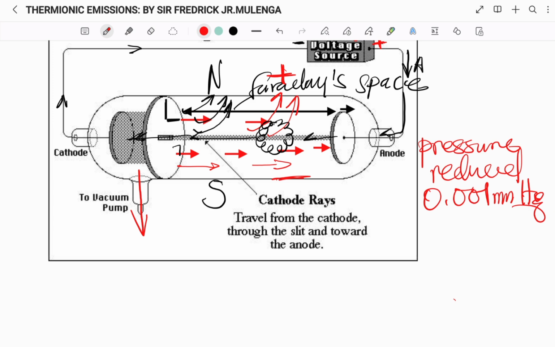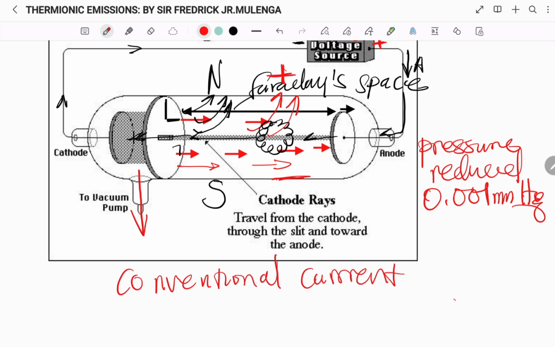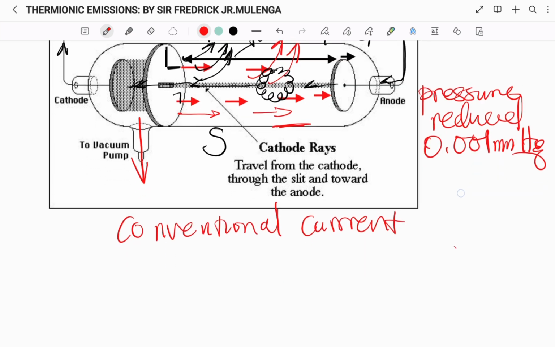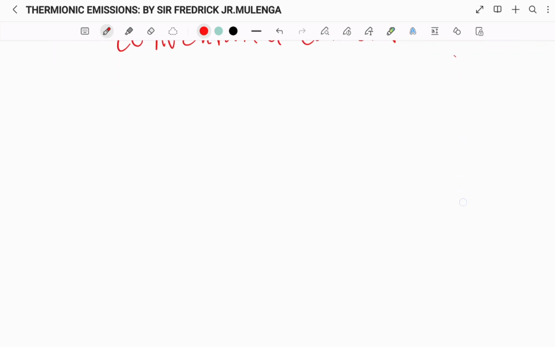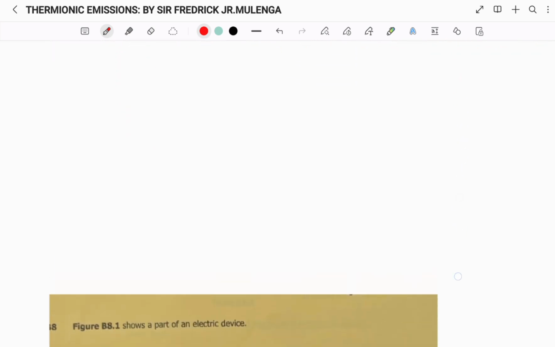This is called conventional current. So this flow, where the electrons produced are going in the opposite direction to the current flowing, is called conventional current. So these are some of the properties of what? Of cathode rays.